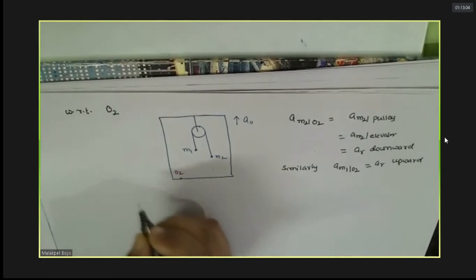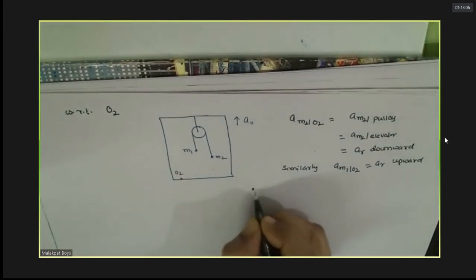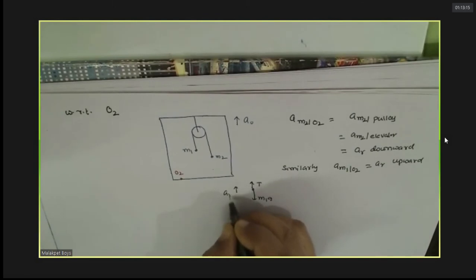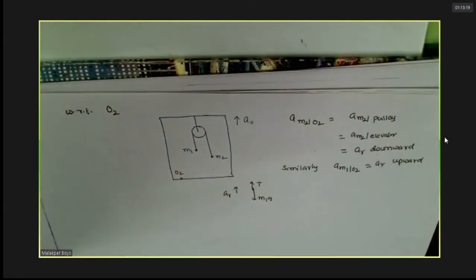Now, if you draw the free body diagrams of these masses, this is M1G, this is T, this is AR. And is there anything else? One extra force will be there. What is that?